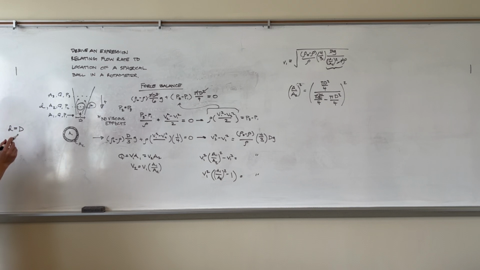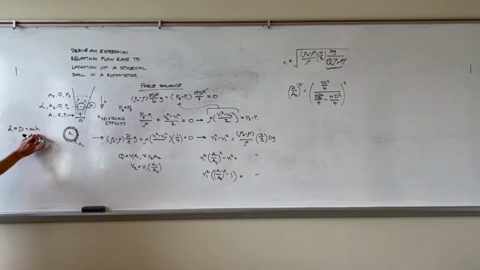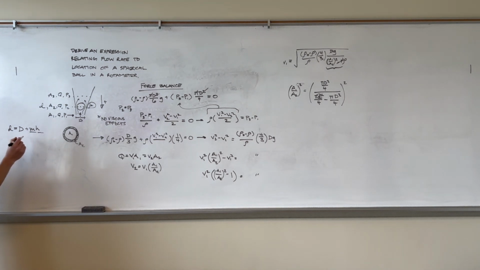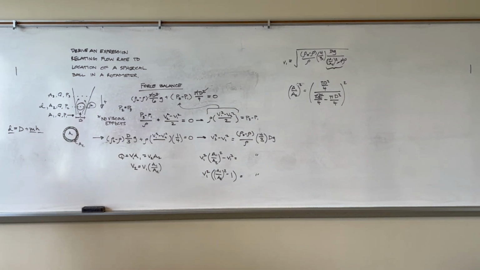So you have the original diameter, that's like your b term, plus the slope of the tube times the change in height. So that's how we can relate our slope and our height and our diameter at that point.